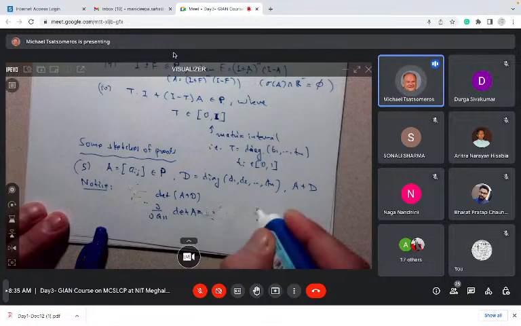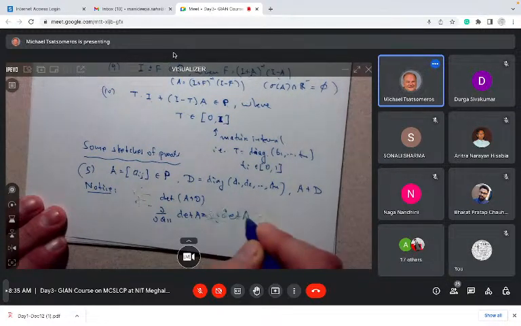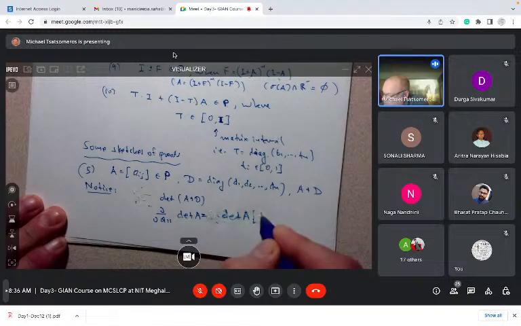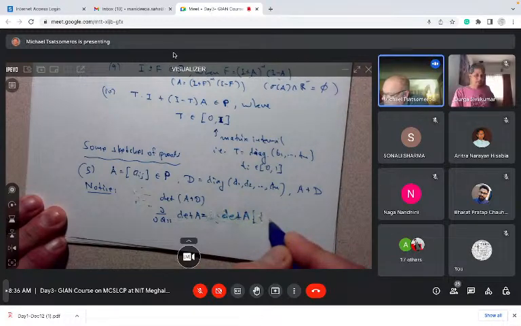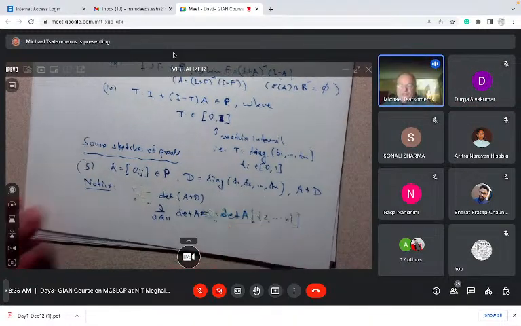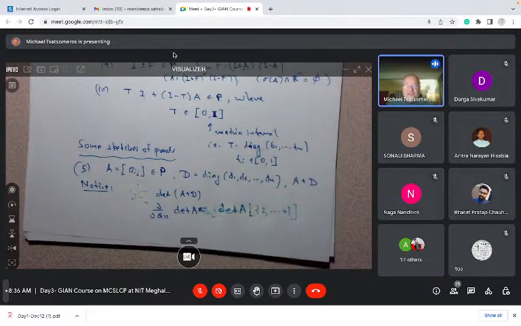So this determinant is equal to the determinant of the principal minor of A on the rows and columns from 2 to n. It comes with a positive sign, and that's the coefficient of A11 in the expansion of the determinant.